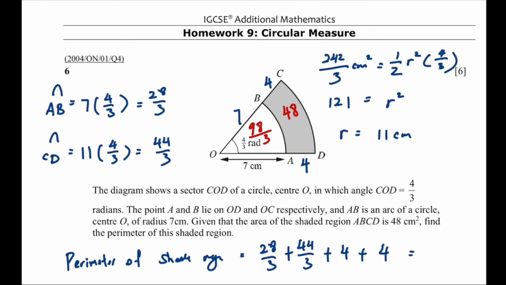Is it? Let me check my answer again. 28/3 plus 44/3 plus 4 plus 4. Oh, I typed wrongly. 32. So the answer should be 32 cm. So that's the answer for question 6.